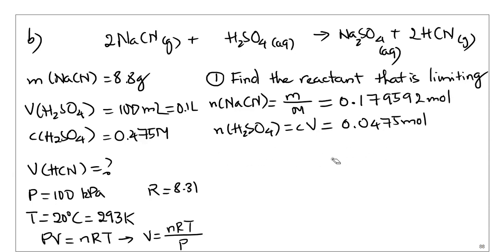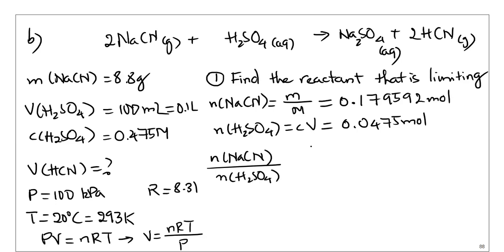Okay. Anyhow, there are many ways to determine limiting and excess. It kind of looks like sulfuric acid is the limiting reagent. But one way to determine it is to compare the theoretical versus the actual ratio. So we're going with n of NaCN, sodium cyanide, over number of mole of H2SO4.